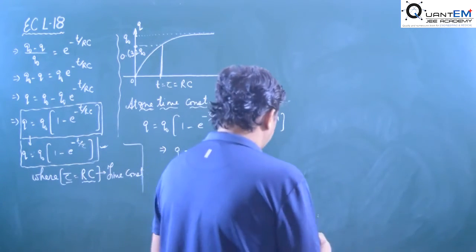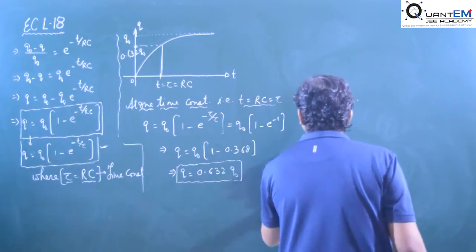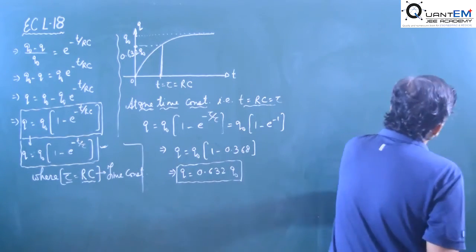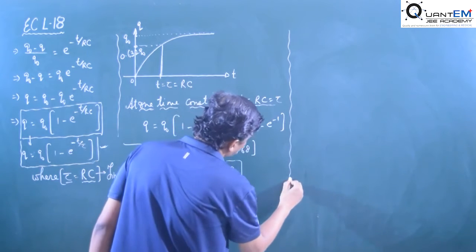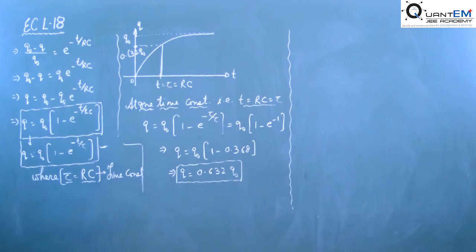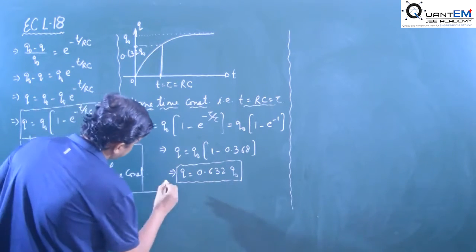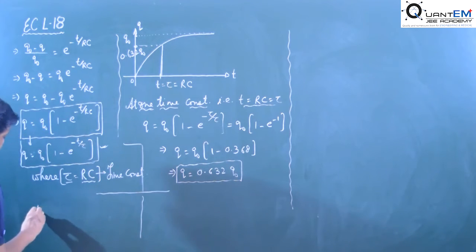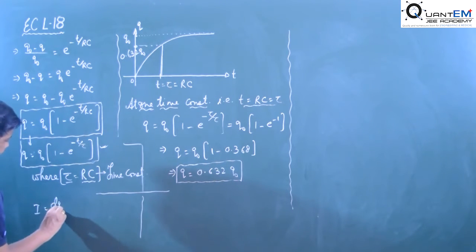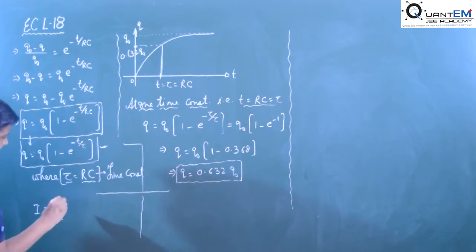Now let's see how to get the value of current in the circuit at any time t. We have I equal to dq by dt. The rate of change of charge is called current.